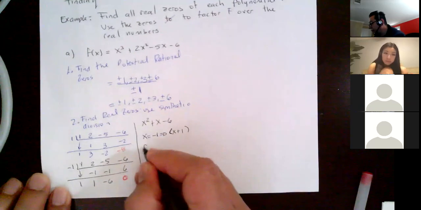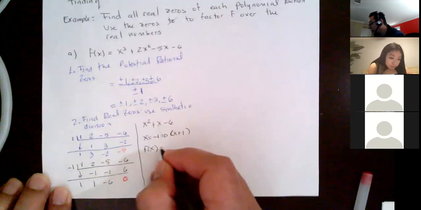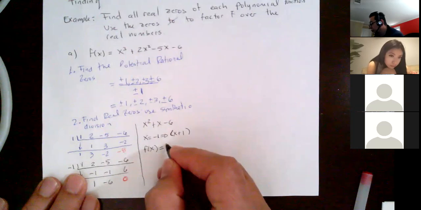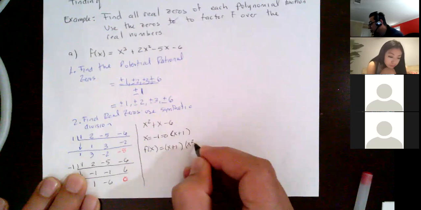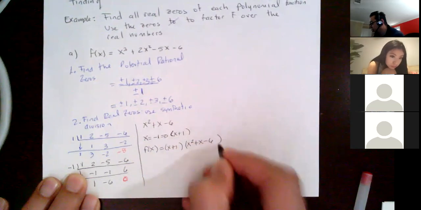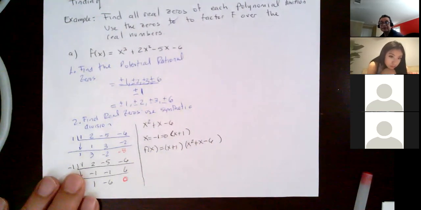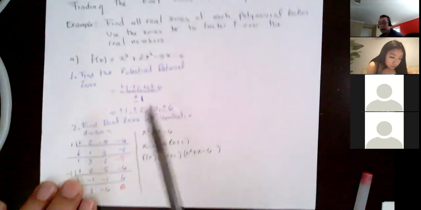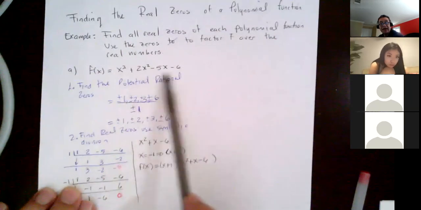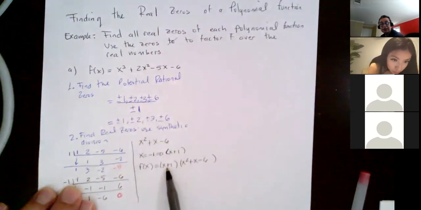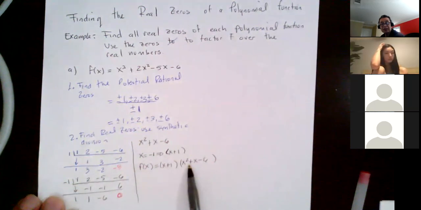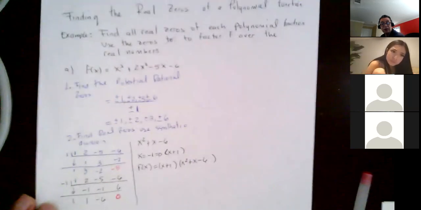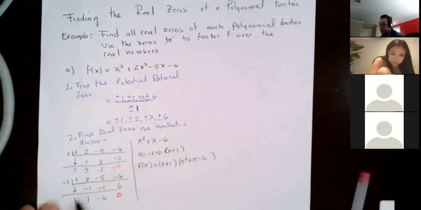Now, notice what I'm going to do. I'm going to rewrite f of x equals x plus 1 times x squared plus x minus 6. See what I did? Now I'm writing f of x with these two factors: x plus 1, which comes from this -1, and x squared plus x minus 6, which are the values we got here.